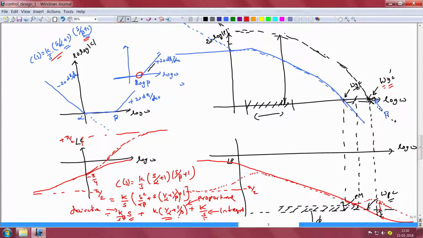So, this controller is called the proportional integral derivative controller, or PID.